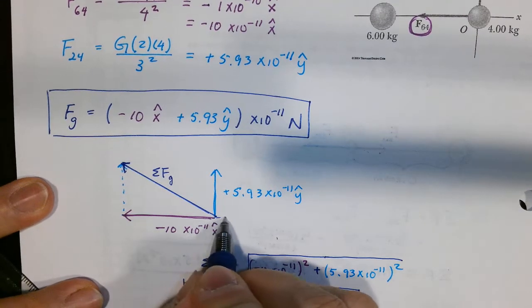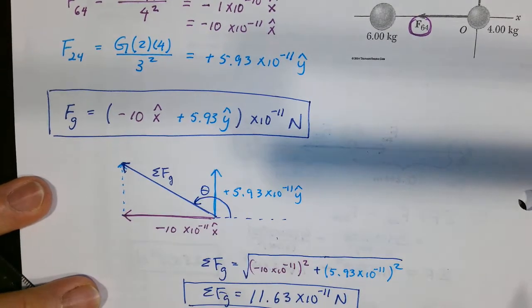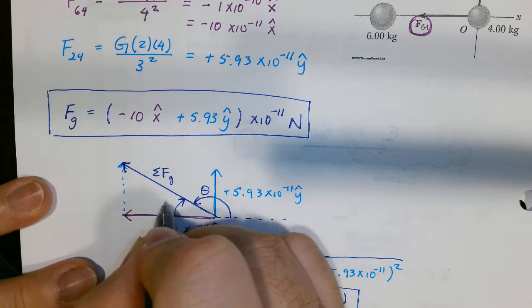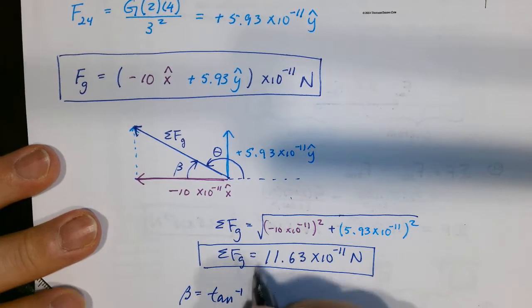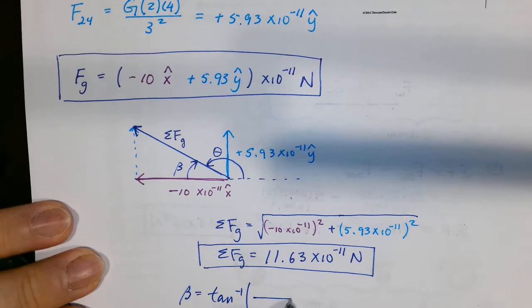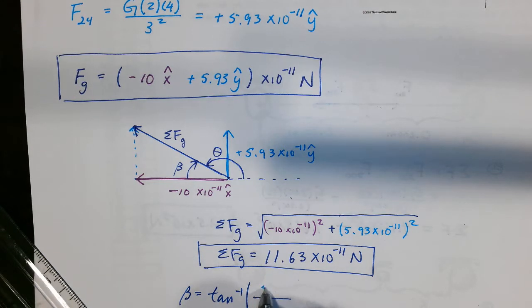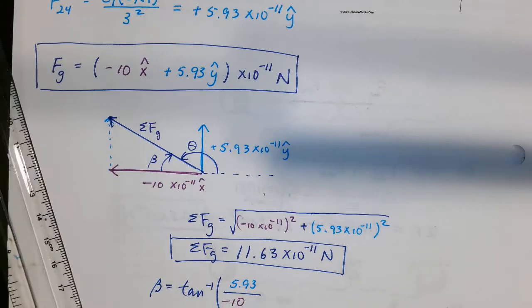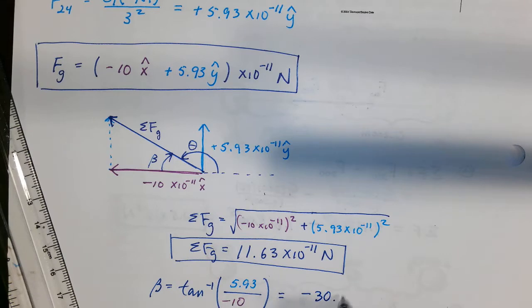Now for the direction, you know that this has to be measured this way, and that's really your phi. And this is the reference angle, you can make that beta if you want to. So beta is equal to tan inverse of y over x, so 5.93 over negative 10. You get something like negative 30.7 degrees.